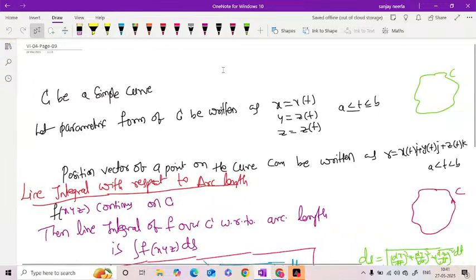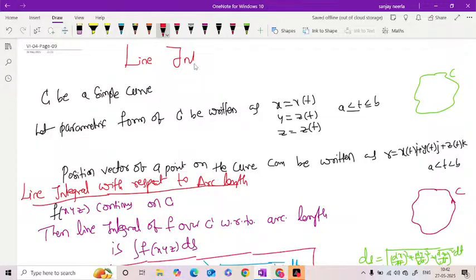Now the next one is here. So actually we are finding the line integrals. Line integrals. I think we have seen in the previous class line integral with respect to arc length, line integral of the vector field, line integral of the scalar field.